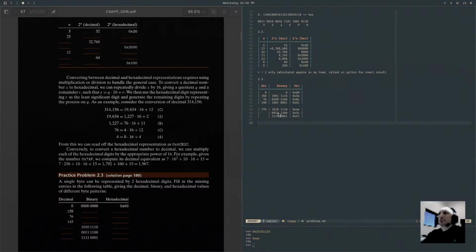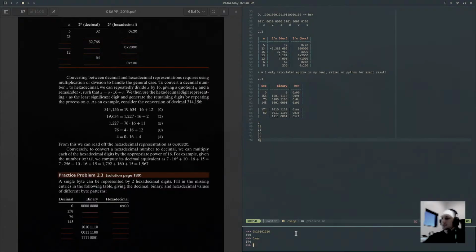So 32. Come on, why are you doing that, bro? 32, 16, 8, 4. So that's going to be 8, 9, 10, 16, 20. So it's 0, carry the 2. 3, 4, 5, 6. This would be 60 in decimal. 60.